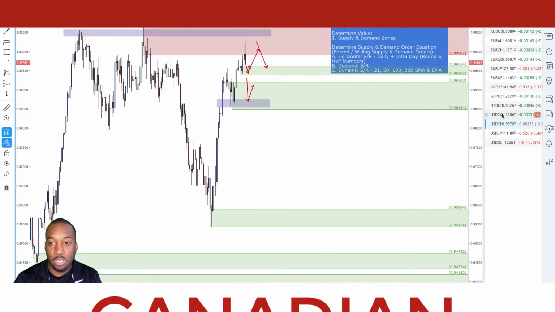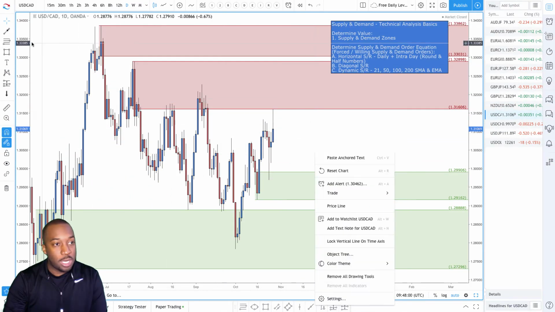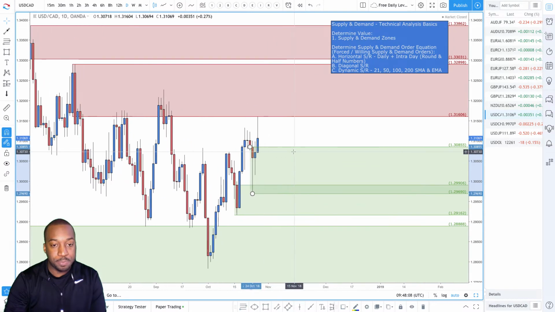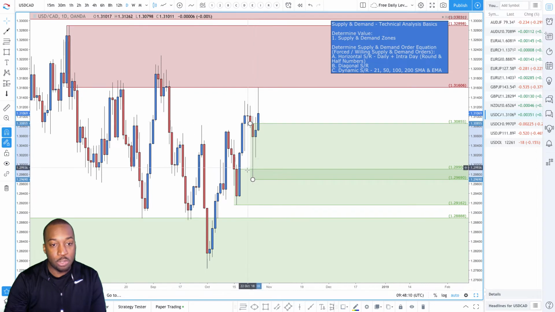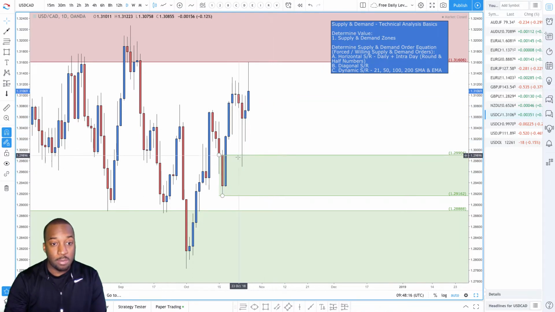Moving on to the dollar CAD, and dollar CAD, we have created technically a new high right there. There was definitely some demand around here. Last week we did come down. Let's just delete this for a sec. So we did come down into this demand zone, and then prices went higher.